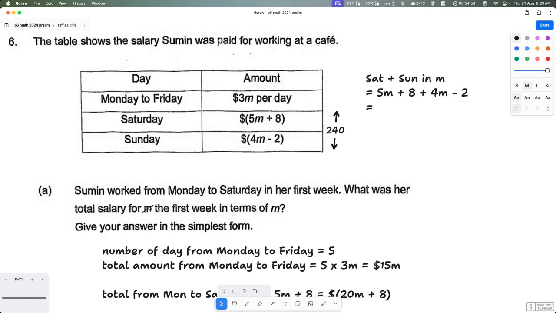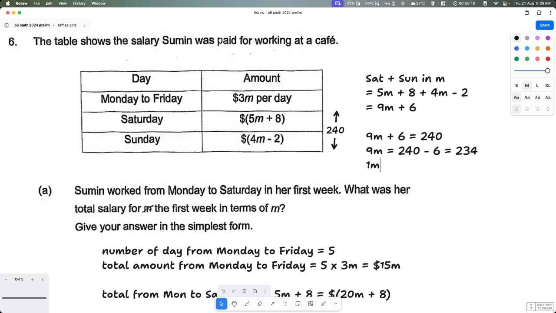So that means this is 9M plus, 8 minus 2 is 6. So 9M plus 6 is equal to 240. So 9M is equal to 240 minus 6, which is equal to 234.